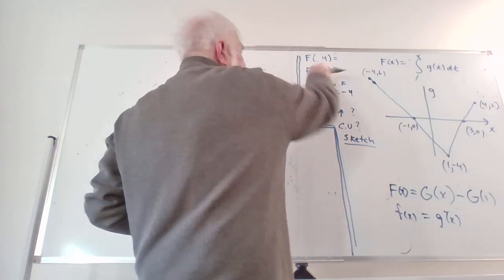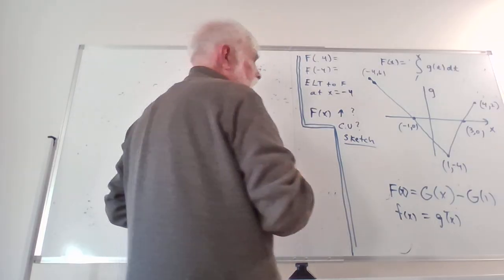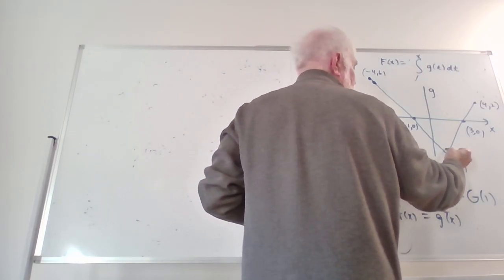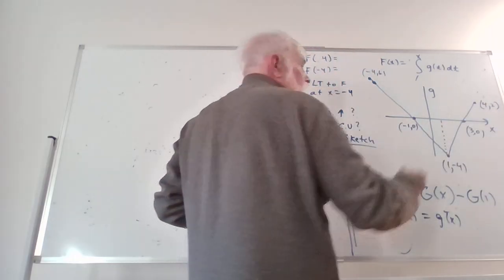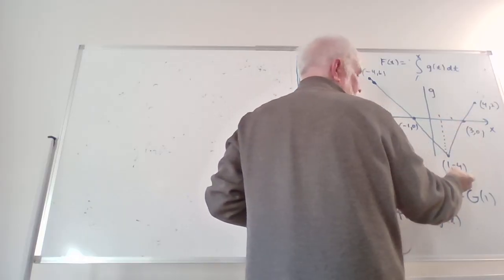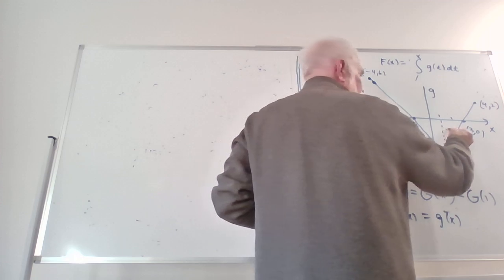How about big F of 4? I hope you know what that asks you to do. It asks you to accumulate area from 1 over to 4. This is an x value of 1, which means the width is 2. The altitude's -4. That's -8, and it's a triangle.